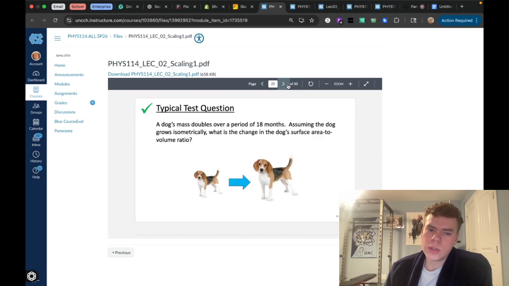Assuming the dog grows isometrically, meaning everything grows the same, the ratio should be at a rate of 2/3, right? So if surface area doubles, then volume should triple, right? That's how it should work.